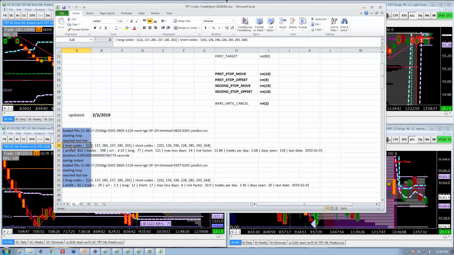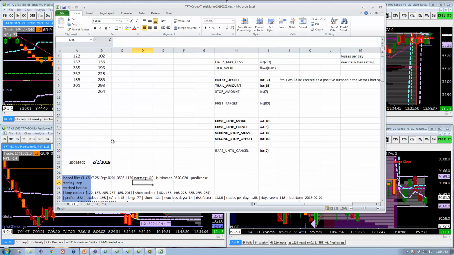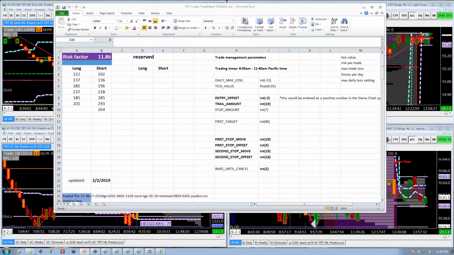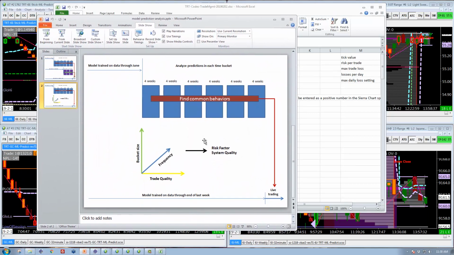So if we go back to this chart here, I've done some analysis that said use these behaviors. But then we actually go back and run a simulation using those behaviors for this period of time to see, well, what do you actually get?